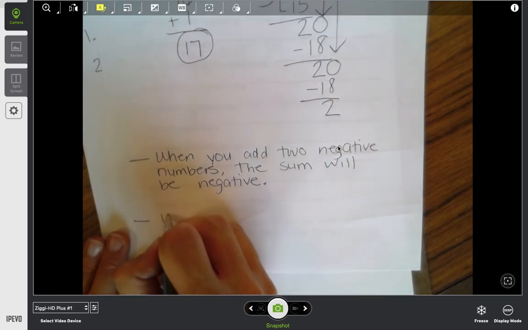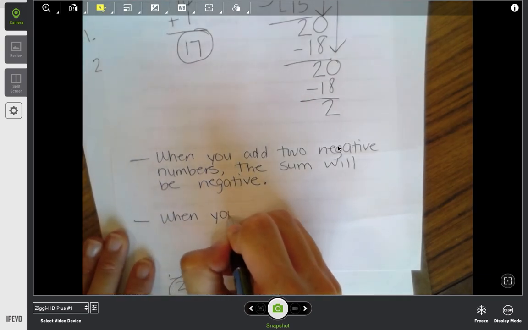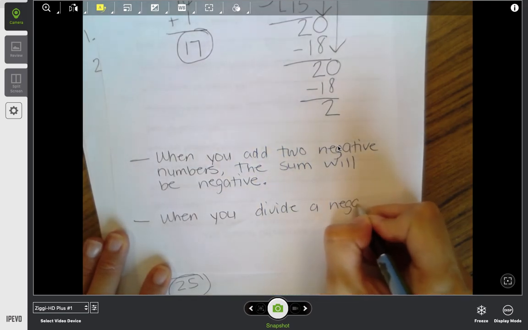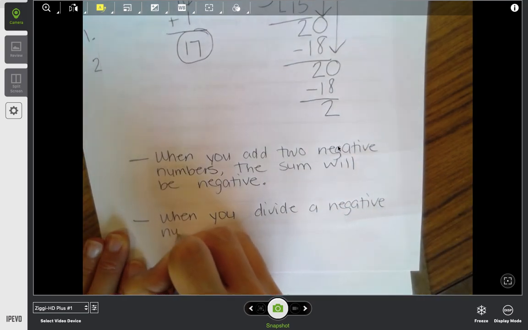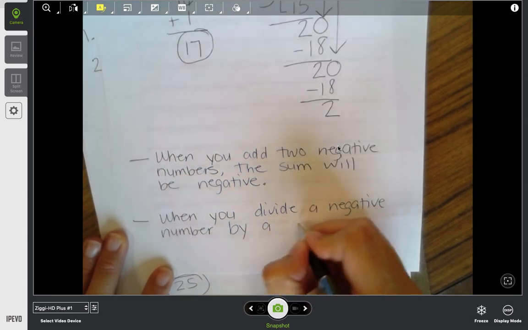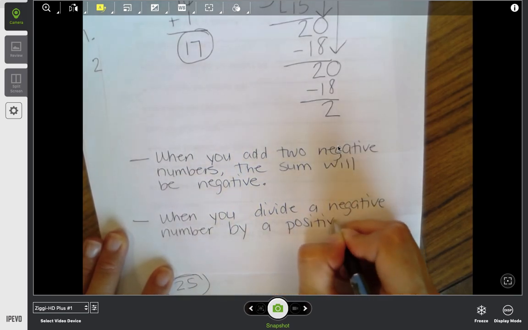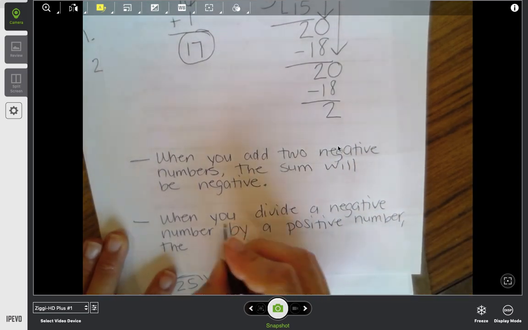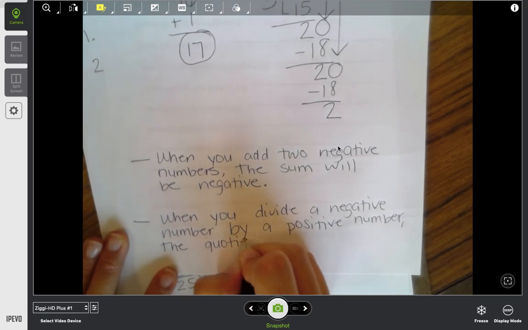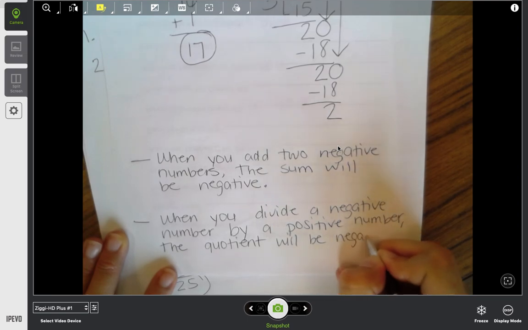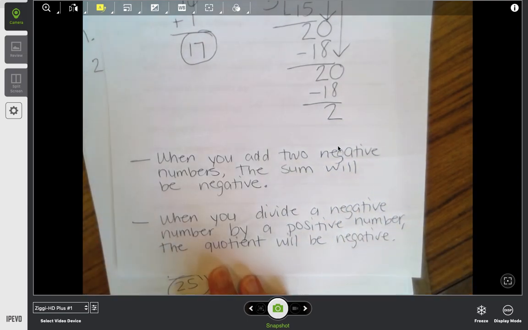So I also want you to remember that when you divide a negative number by a positive number, the quotient will be negative. Okay, so remember those things as you are working on your project.